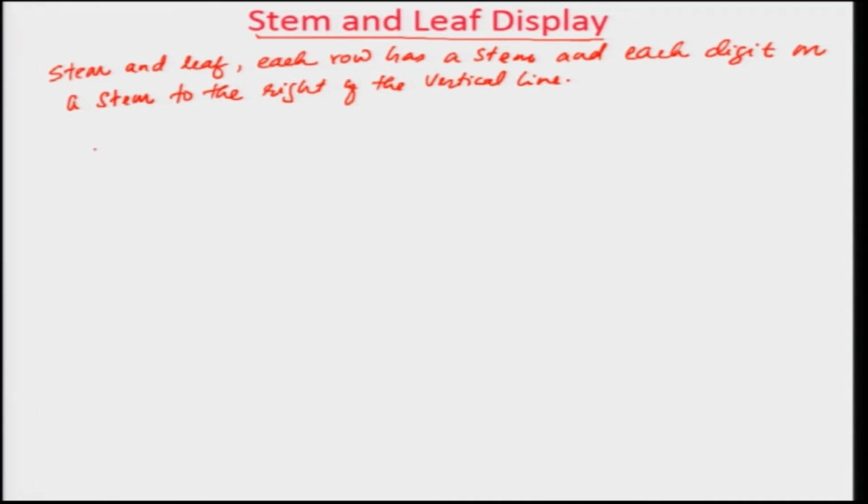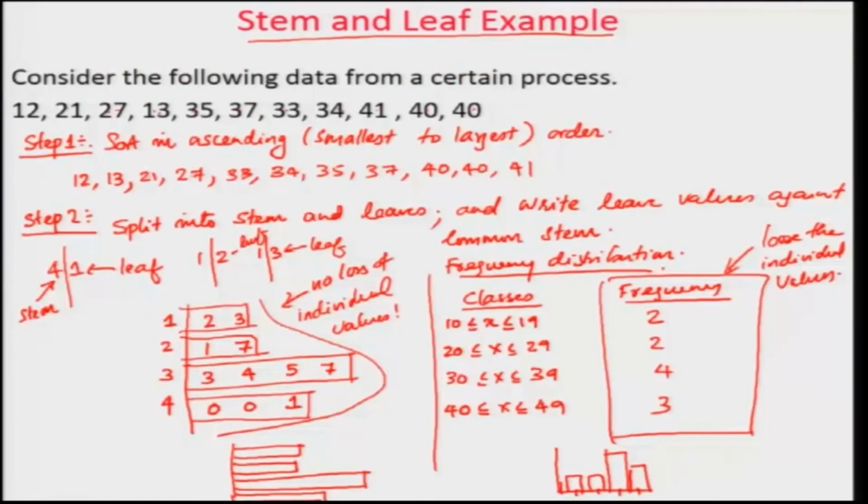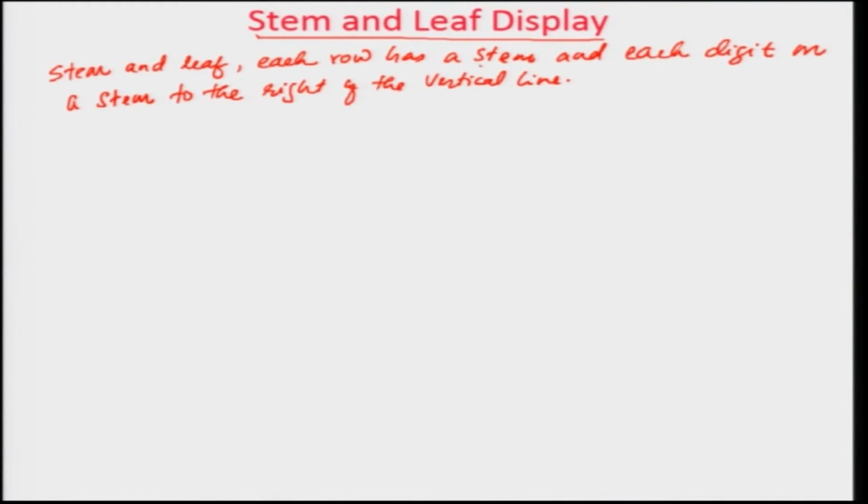So, when we wrote the stem and leaf diagram, if you look back, each row, this is a row, this is another row, this is another row, this is another row, each row has a stem. So, here is the stem, and there are the leaves, right. So, each row has a stem and each digit on the stem to the right of the vertical line is a leaf.